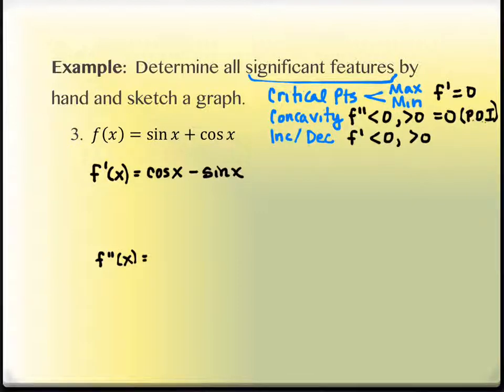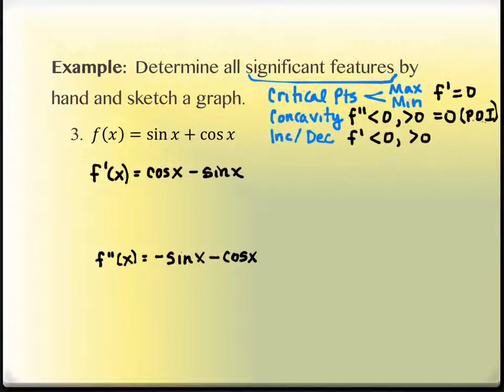What is the second derivative going to be? So negative sine x minus cosine x now, right? It's actually just the exact same function we started with, but the signs are both switched because we found two derivatives of it. So that's actually a nice feature too.